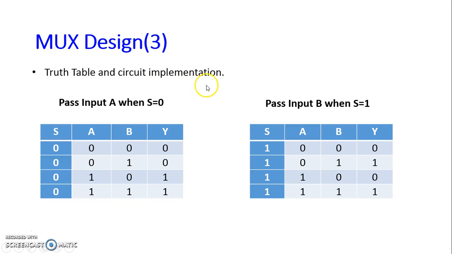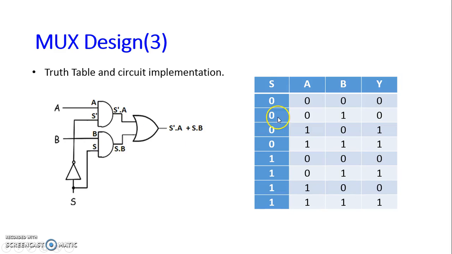So first we will make the truth table of both the options. When S is equal to 0, I want to pass my input A to Y. So these are 4 combinations of 2 inputs, and when S is equal to 0, this A is passed to Y. Similarly, when S is equal to 1, we want to pass B to Y. So when S is 1, this B is passed to Y. Now by combining these two tables, we can write a single truth table for combinations of A and B. So 4 combinations for S is equal to 0, then 4 combinations for S is equal to 1, and we write here the output depending upon my select line.